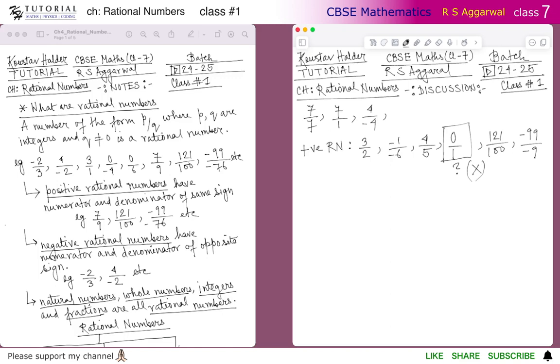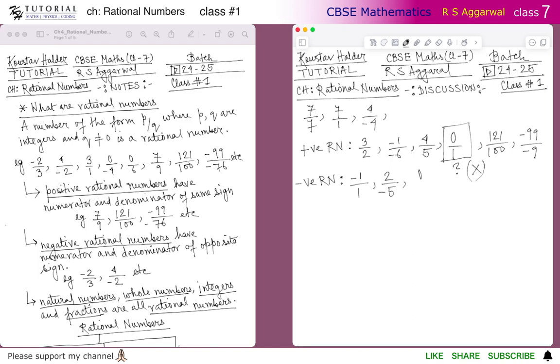Negative rational numbers are those rational numbers where the numerator and the denominator are of opposite sign. Meaning, if the denominator is positive, the numerator has to be negative. If the numerator is positive, the denominator has to be negative. So they are of opposite signs, like minus 1 by 1, 2 by minus 1.